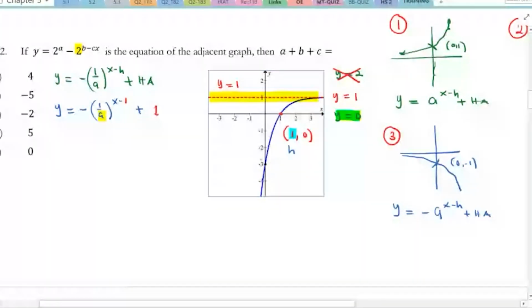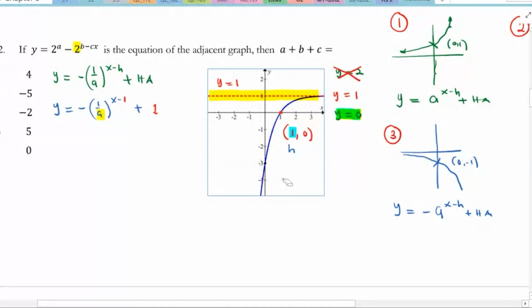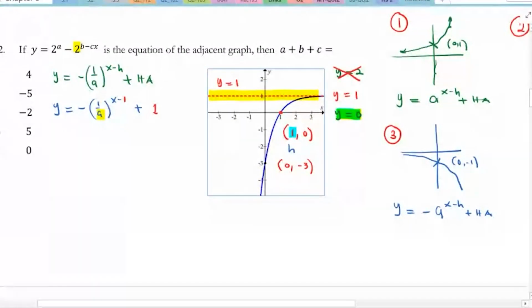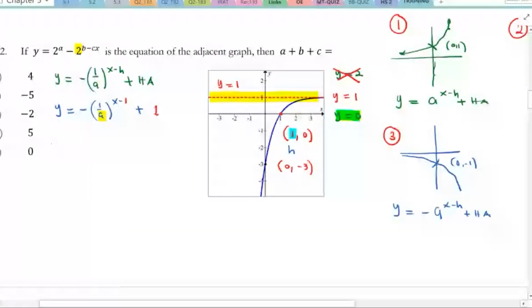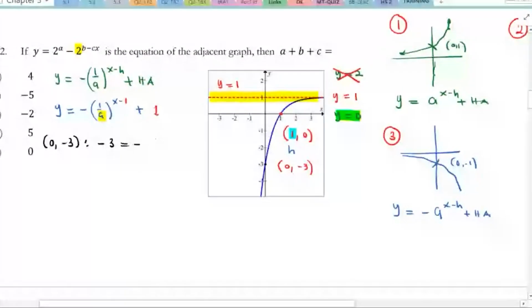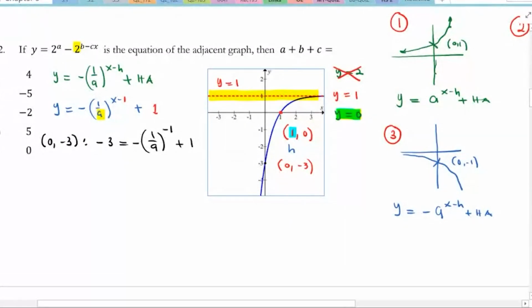To find the base, we can use an additional point here. You can see this point here: when x is equal to 0, y equal to minus 3. Let us substitute this point, 0, minus 3. So y is minus 3 equal to minus (1 over a) all to the power of x, which is 0, so I put minus 1 here, plus 1.